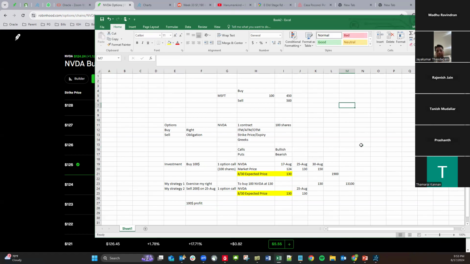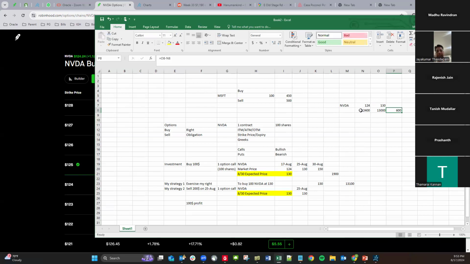So let's say I bought an Nvidia stock at 124, and let's go with 100 shares itself. So I'm buying 100 shares of Nvidia. I'm investing 12,400. And if it gets to 130, whatever time, there's no date here for a regular stock trading, then you're able to net this profit of $600 by buying this much.